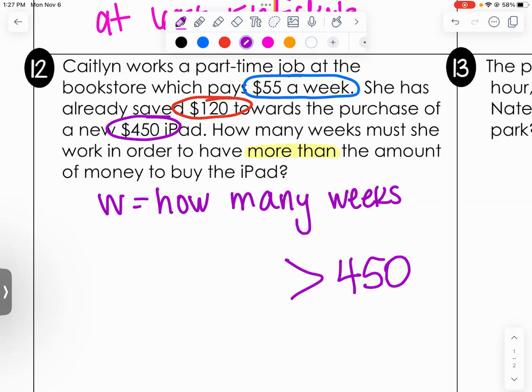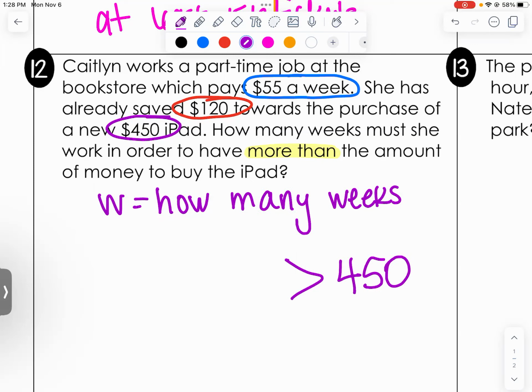Okay, now we need to figure out what goes on the other side. She works $55 a week, but she already has $120 saved. What do I do with that? So $55 a week. How do I write that?